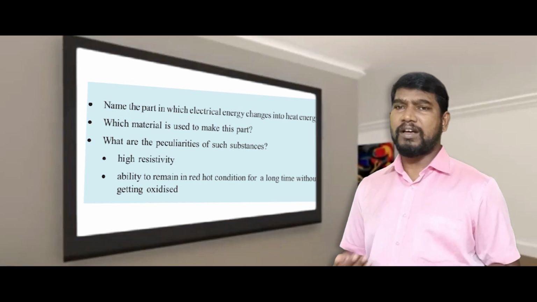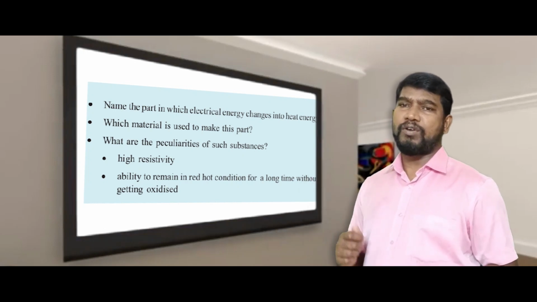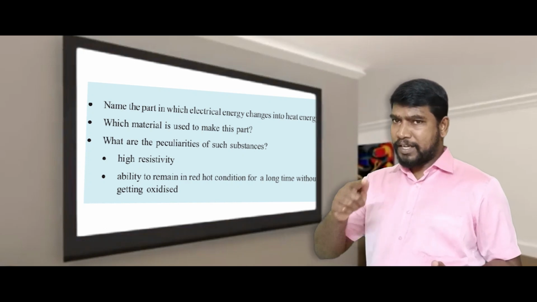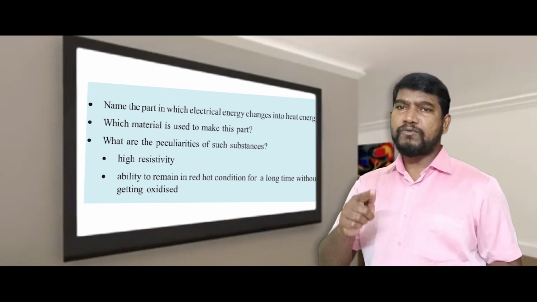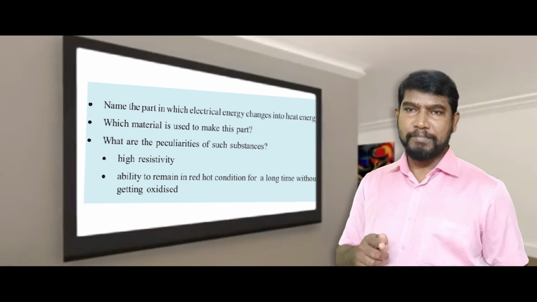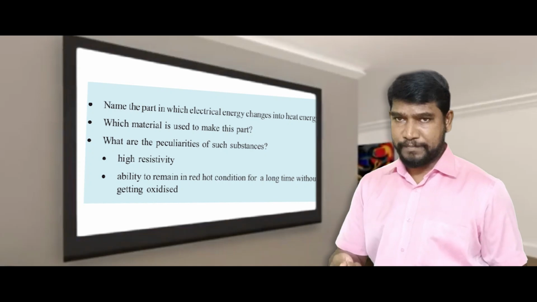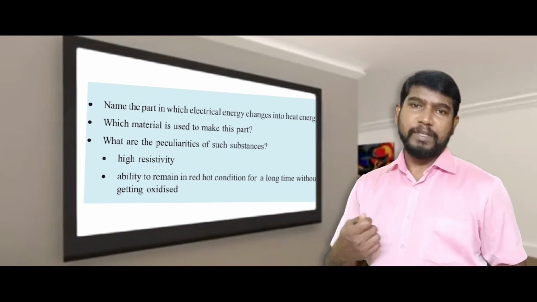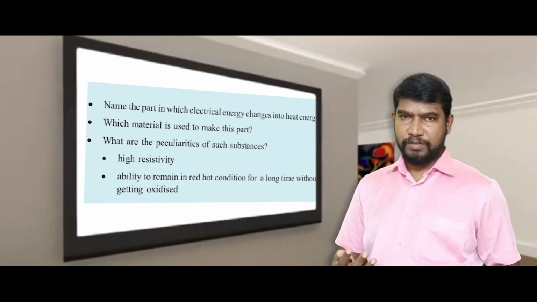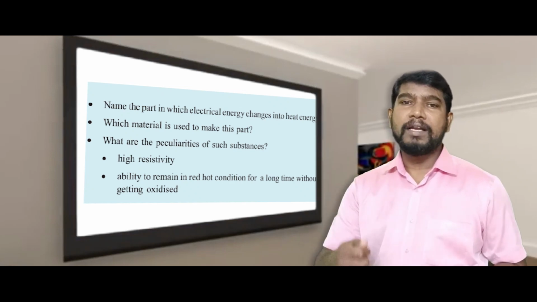The material used for a heating coil should not be burned, because if we give current, the material produces heat. If the material is burned or melted, there will be no use. So the material should have a high melting point.